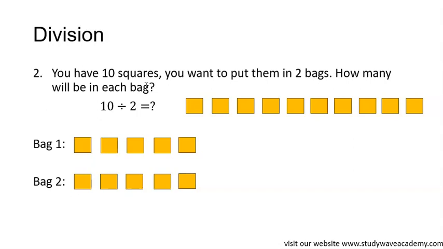So how many will each bag have? Let's count our squares first. 1, 2, 3, 4, 5, 6, 7, 8, 9, 10. So we have 10 squares and we want to divide them into 2 bags. So 10 divided by 2. Let's find out how many each bag will have inside.